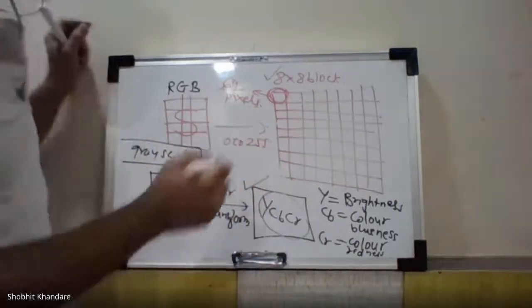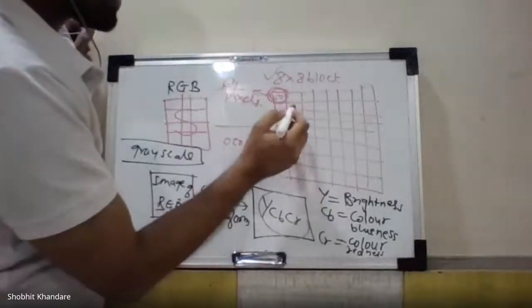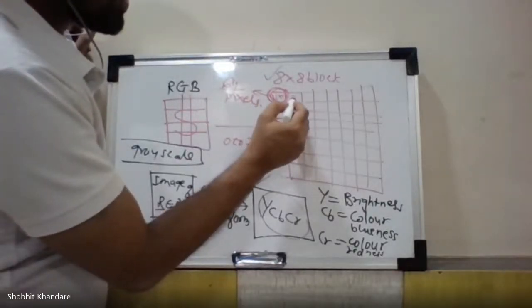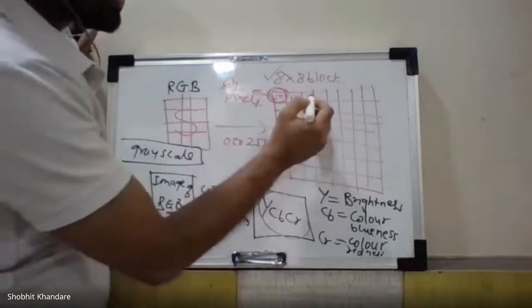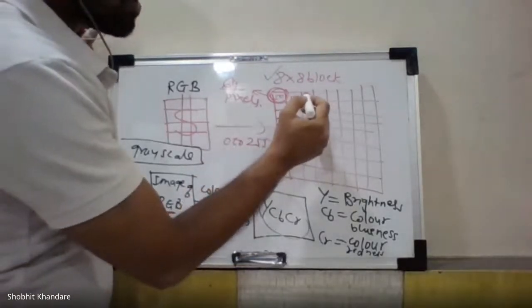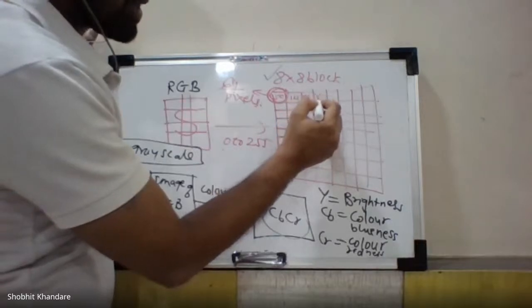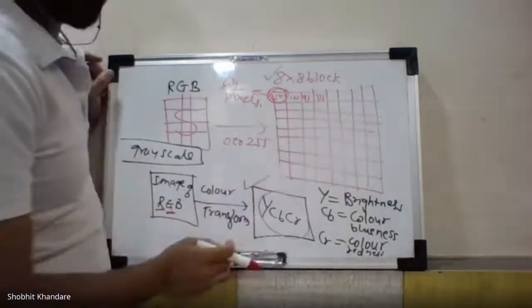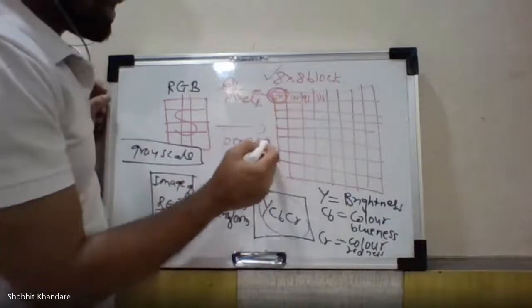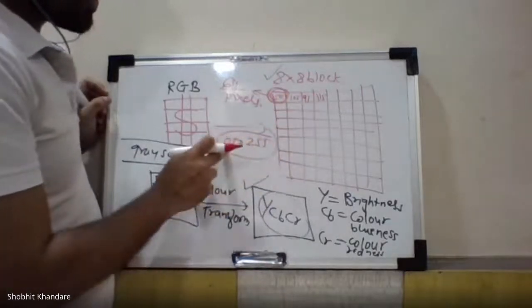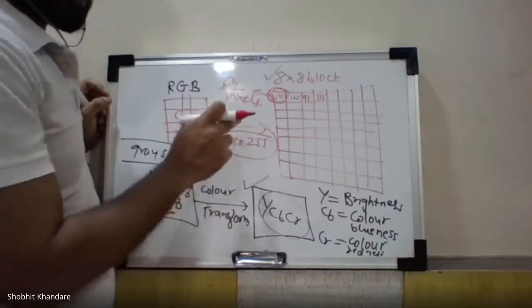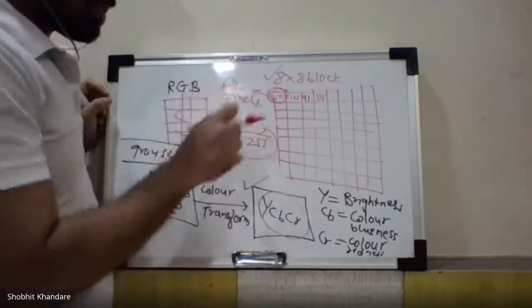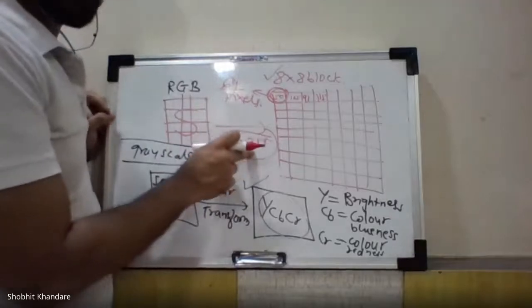For example, here it will be 50, here suppose 125, then here 91, here 115, and so on. So each block will have these pixel values. How many pixels do you have? 64, and the pixel value will range from 0 to 255.